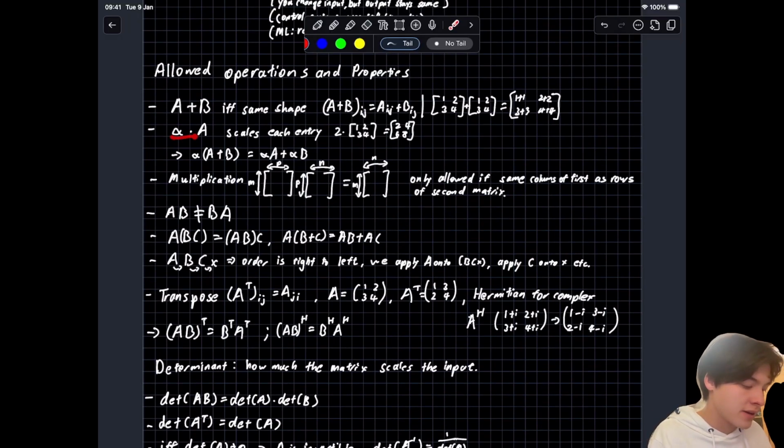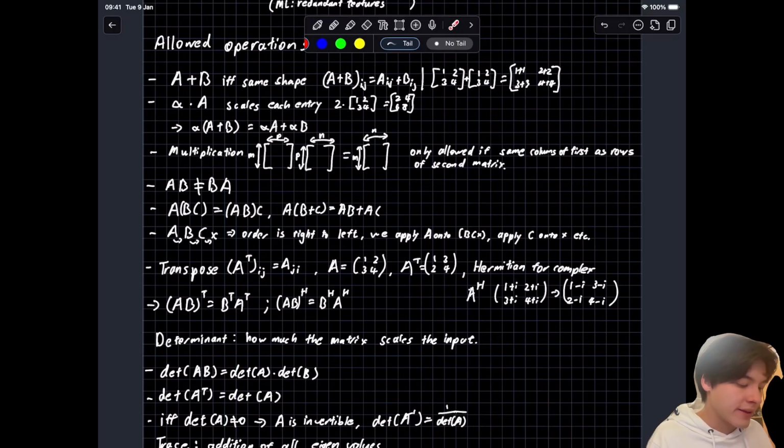We can times a scalar, it just scales each of the entries. And for matrix multiplication, we can do this if the columns of the first one equal the rows of the second.